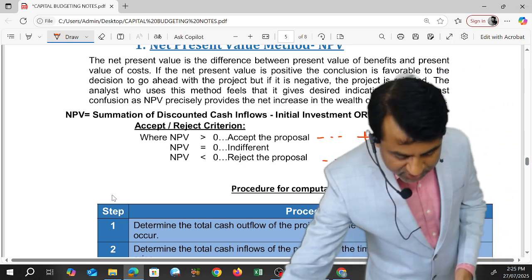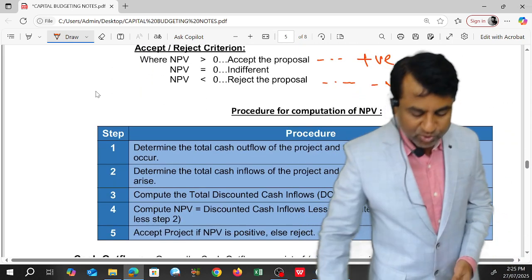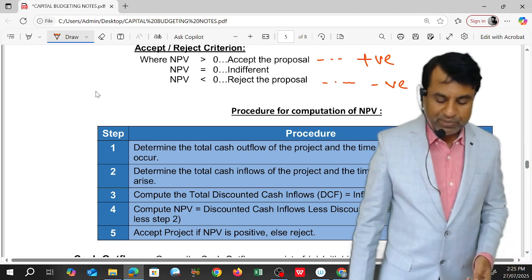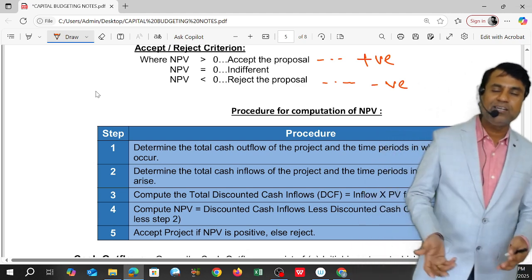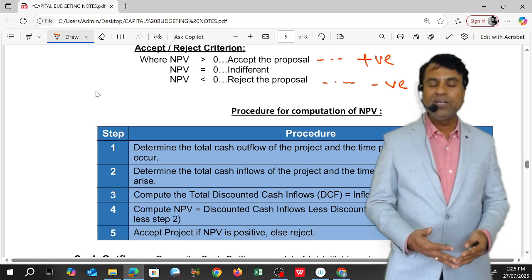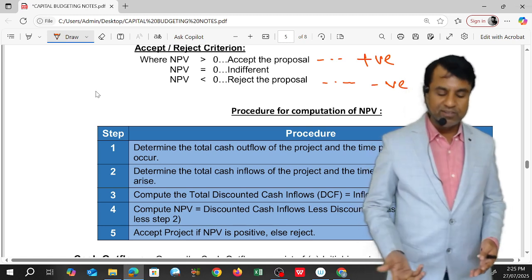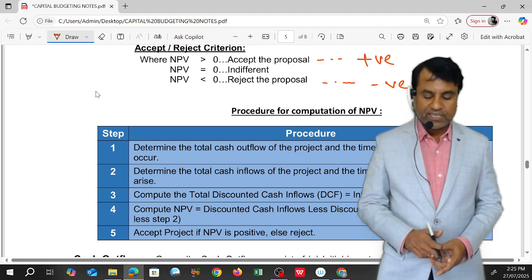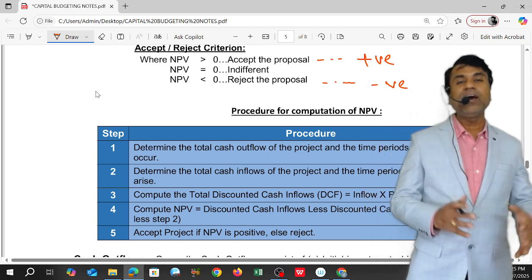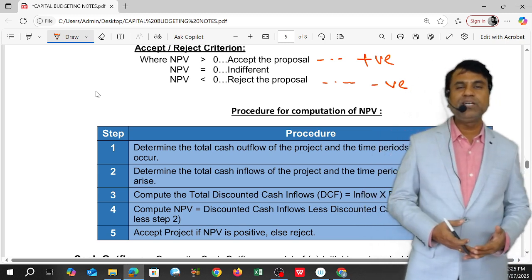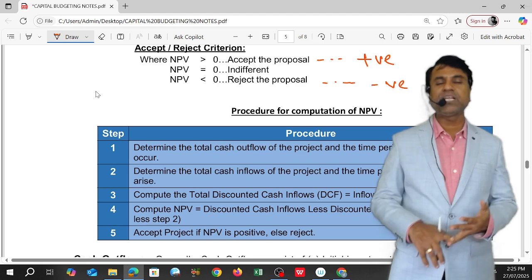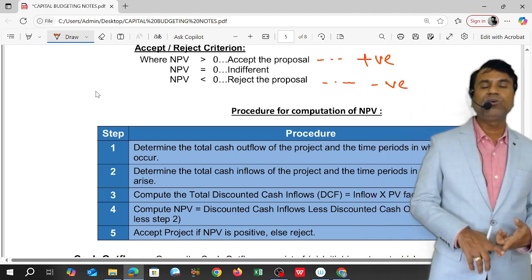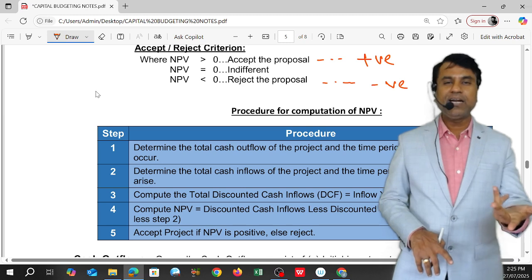So what is the procedure here? Number one, determine the total cash outflow of the project and the time periods in which they occur, which may be different, though usually they happen only once. Second, determine the total cash inflows of the project and the time periods in which they arise, along with salvage value, scrap or residual value, working capital release, and tax savings on sale of an old asset at loss or profit.